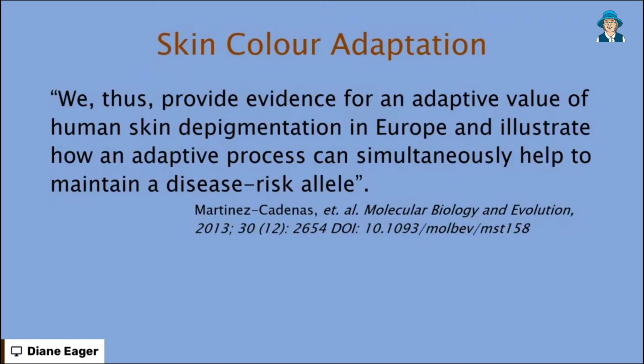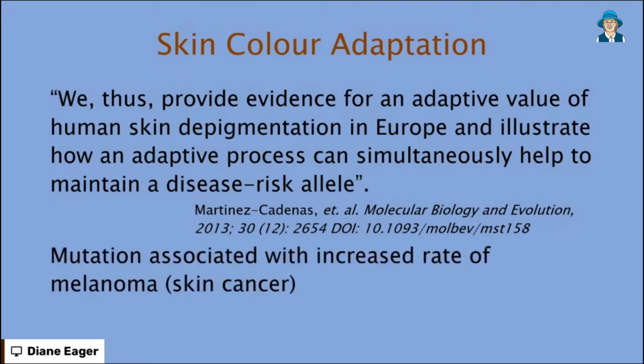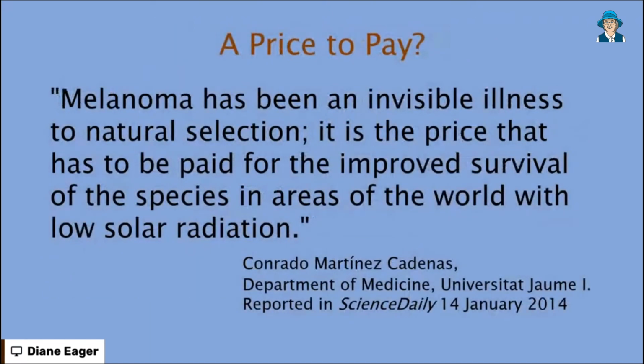Now, what they mean by that is that this mutation is associated with an increased rate of melanoma, which is a type of skin cancer. Now, everyone knows that cancer is not good, right? And so they thought, oh, well, we have to deal with this. So they then went on to comment, melanoma has been an invisible illness to natural selection.